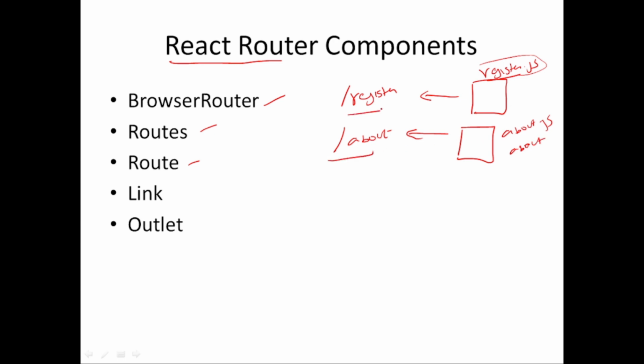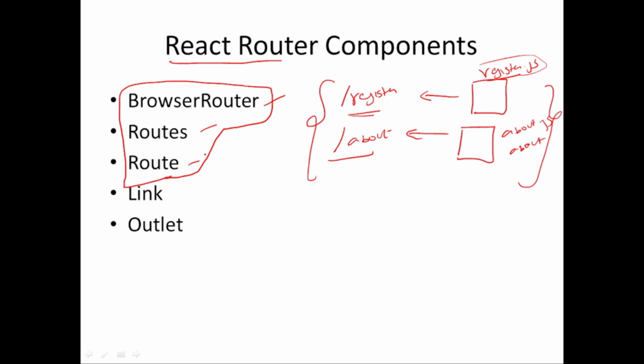So every URL pattern is mapped to a component. So there should be a dictionary maintaining the URL patterns and the component names. For that, we'll be using BrowserRouter, Routes, and Route. What is the use of this? This helps us manage the URL patterns, and for each URL pattern, which component should be invoked.